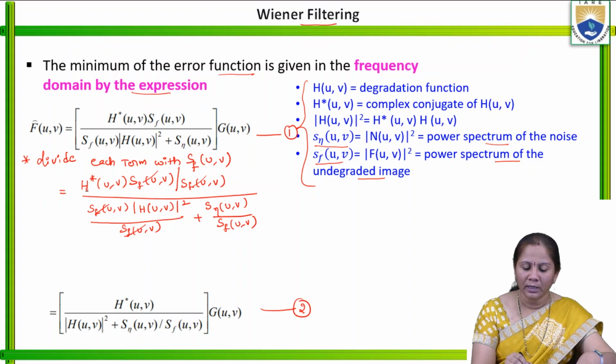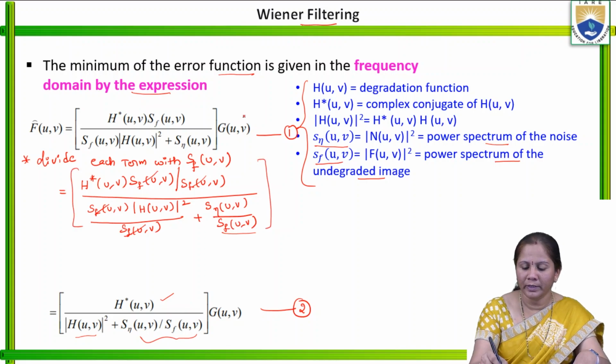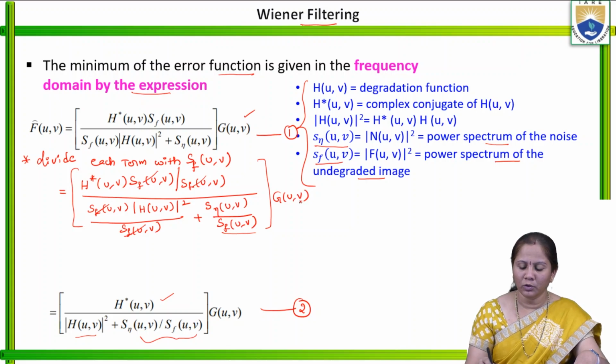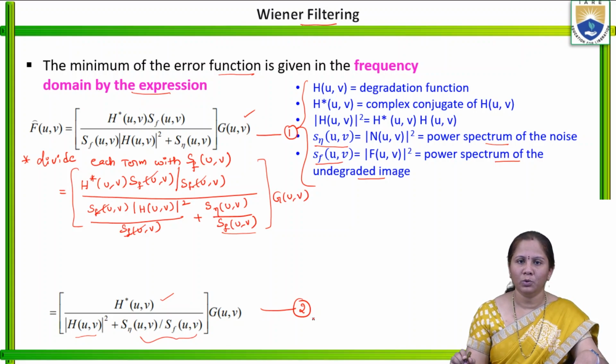Here h star of u comma v is the first term, and in the denominator we have only mod h of u comma v whole square. This is the first term in the denominator, and the second term is S eta of u comma v by Sf of u comma v, into g of u comma v. So this is equation 2.